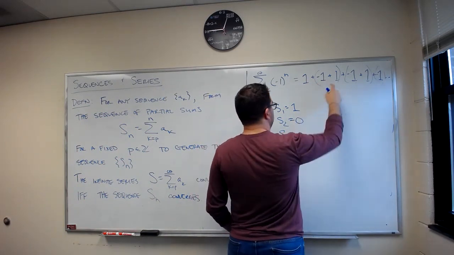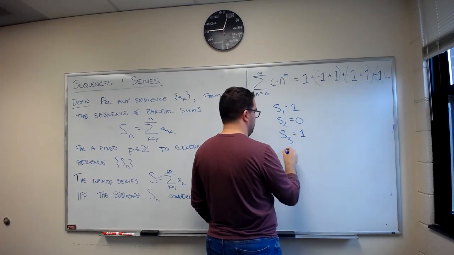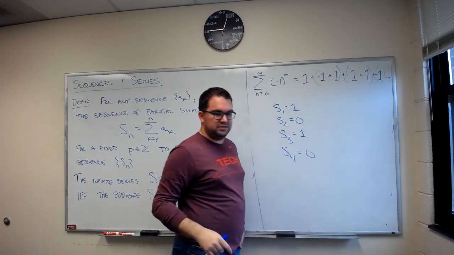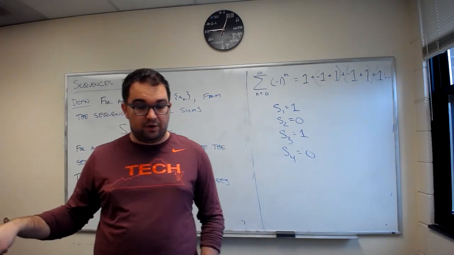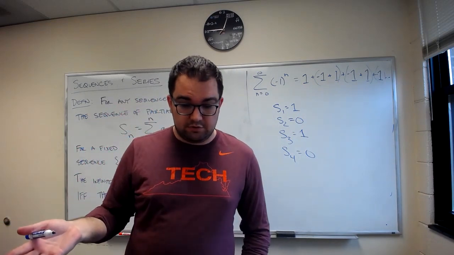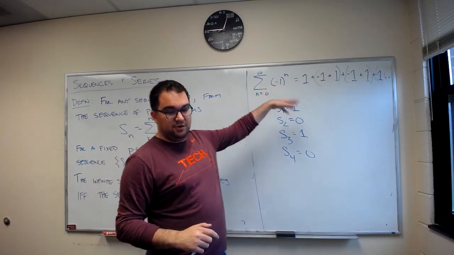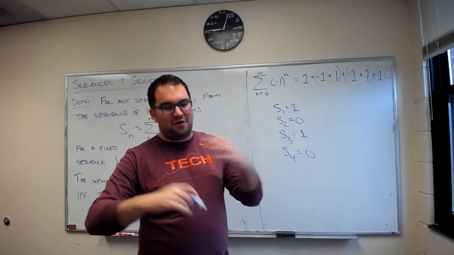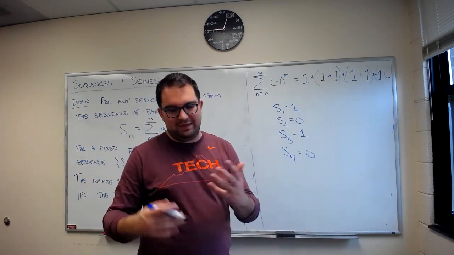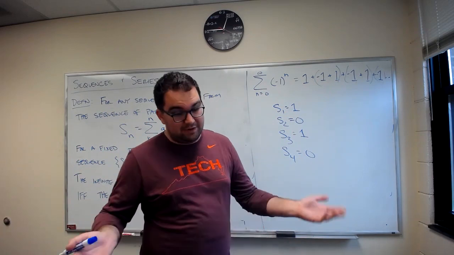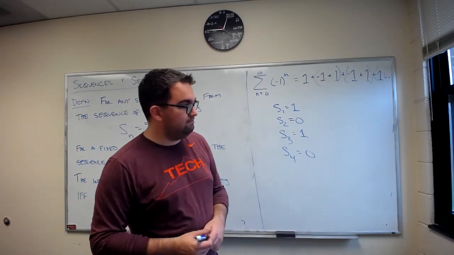S3 is the sum of the first three things, that's 1. You're starting to see that the sequence is 1, 0, 1, 0, 1, 0, 1, 0, which doesn't converge. And since this sequence of partial sums does not converge, this series does not converge, and therefore all of the stuff we were trying to do to it didn't make any sense, because we were messing with some object that didn't represent a real number at all to begin with.